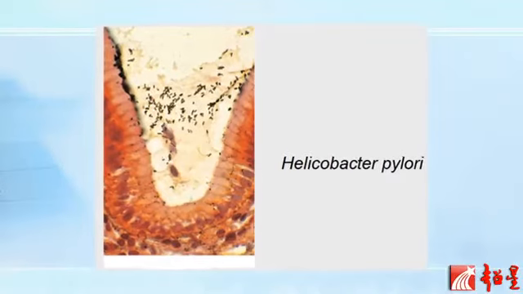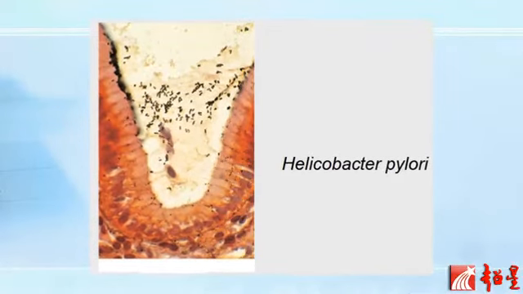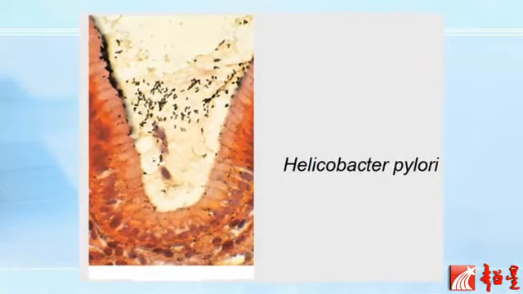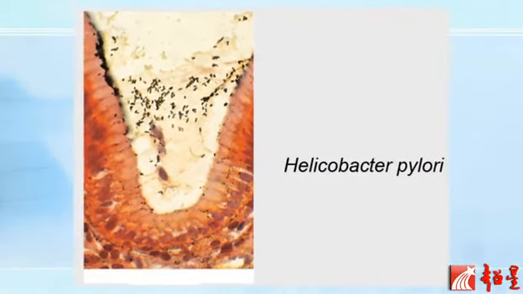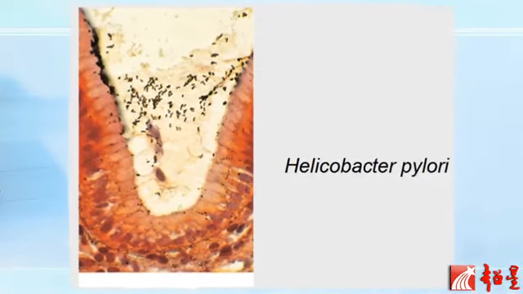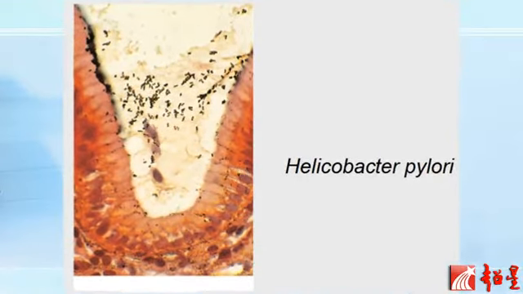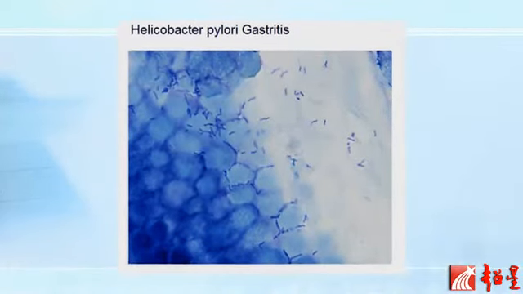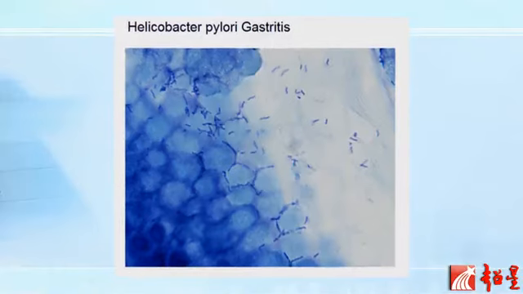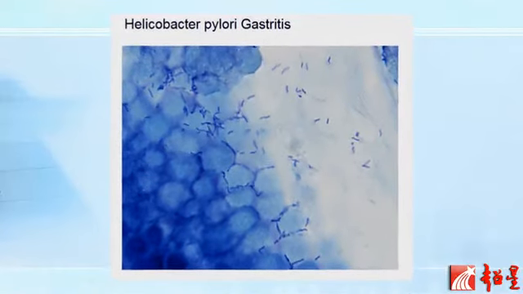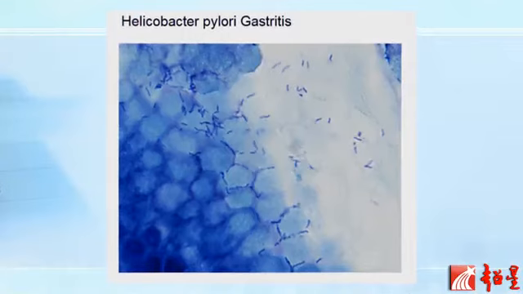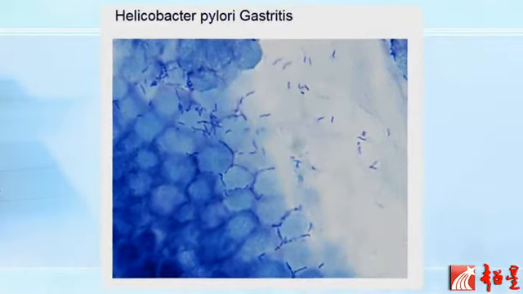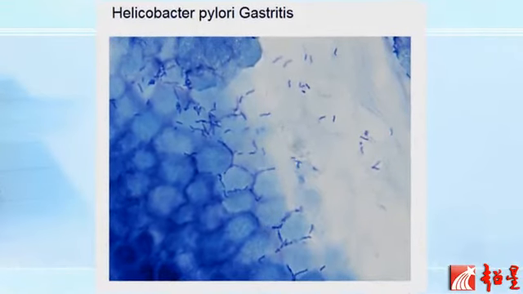So this is the HP, this kind of bacteria. We can see here the smaller one usually live in the surface of mucosa of stomach. And here, the blue one with ginger staining, we can see this HP. This kind of bacteria can cause many kinds of disease in the stomach.